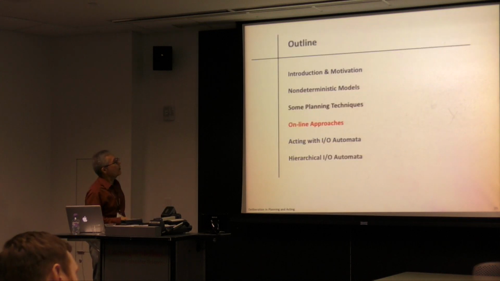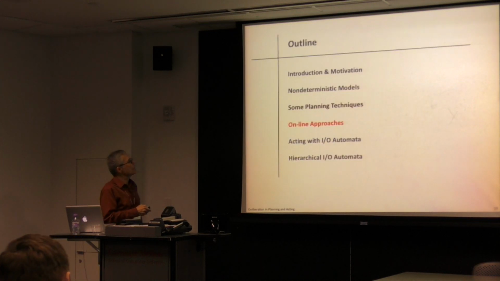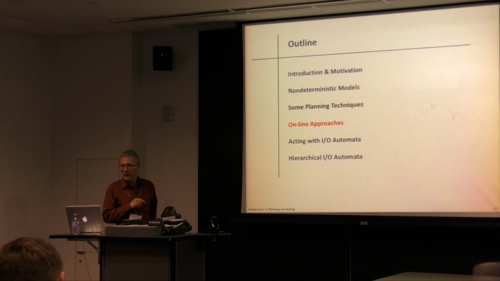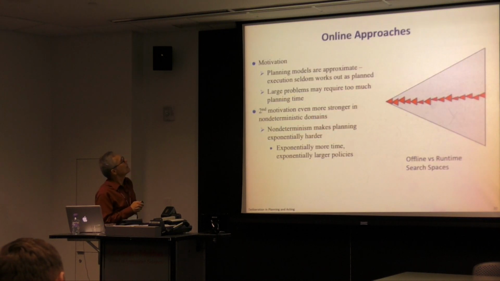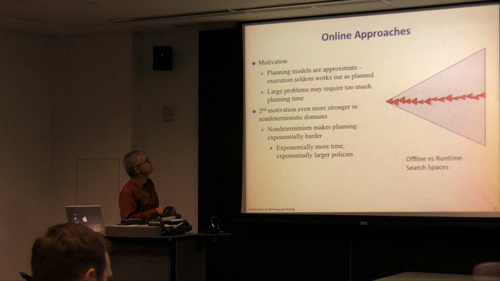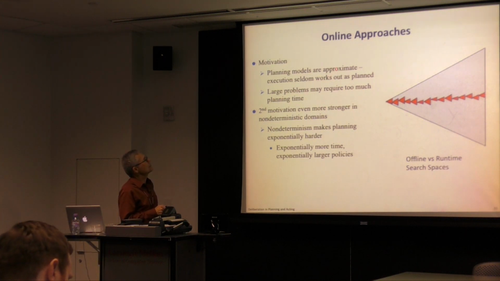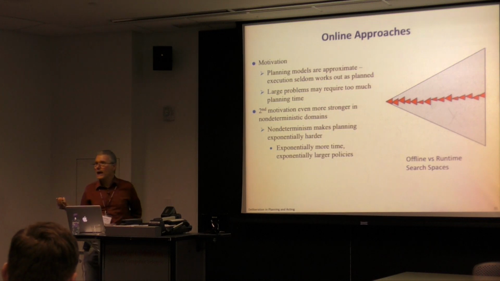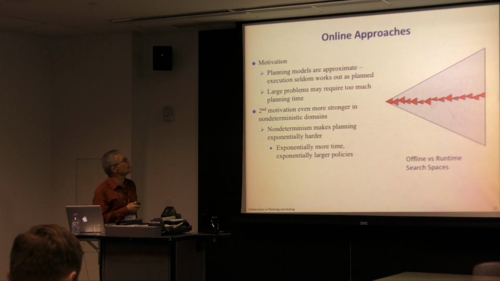All right. Okay. So let me talk a little bit about online approaches. The motivation is our planning models are approximate. Execution seldom works out as planned in a real-world environment.